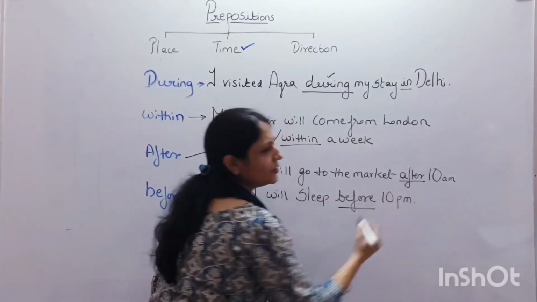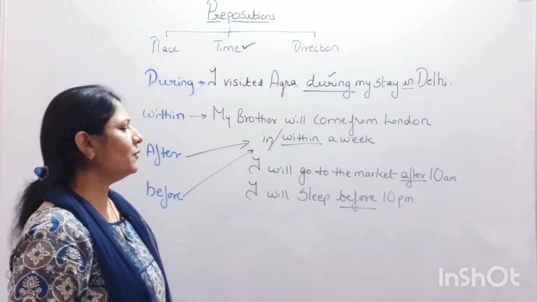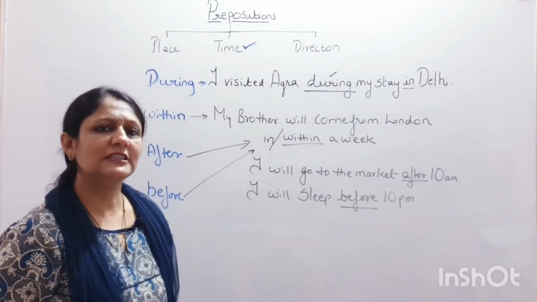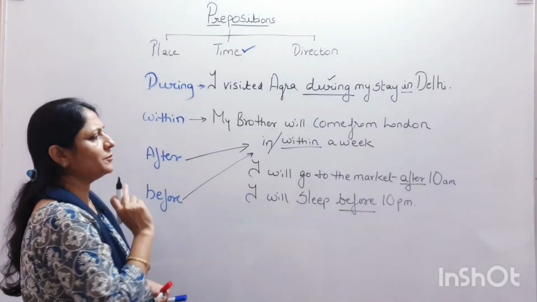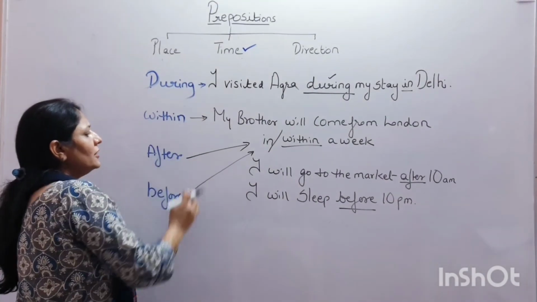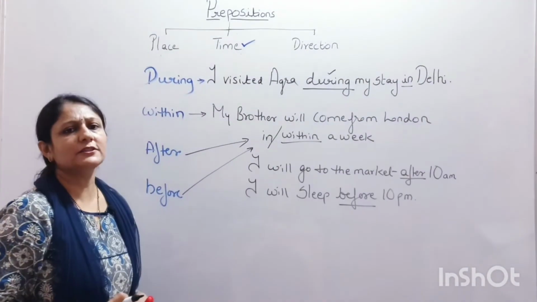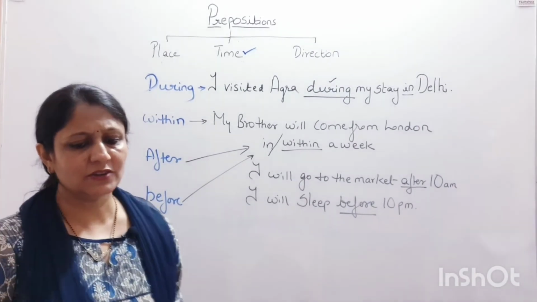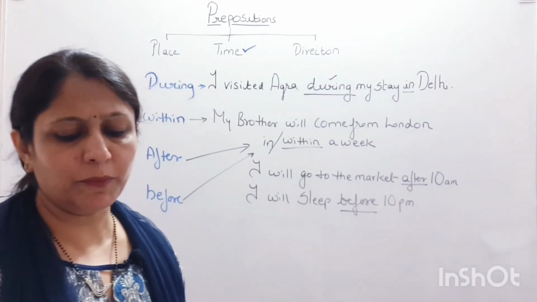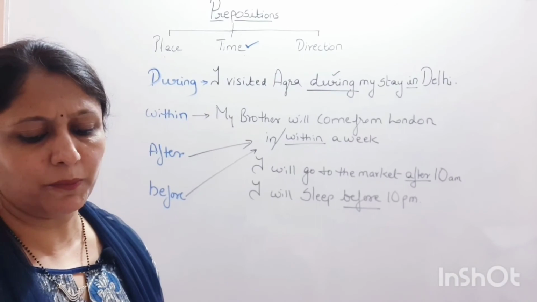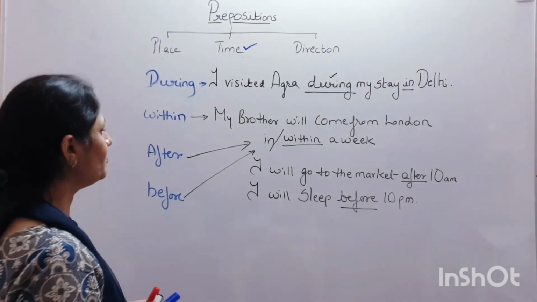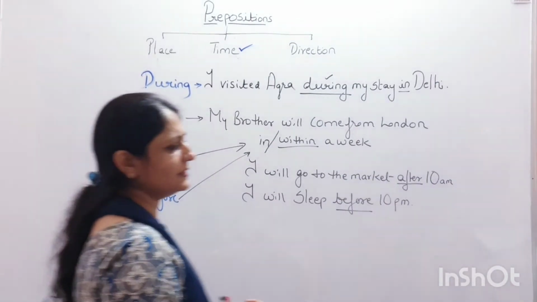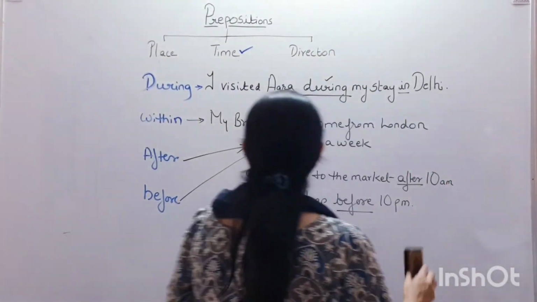I have used these two words before and after as the preposition of time. All these four are being used as a preposition of time. Okay? So we'll just revise. Are there any other prepositions which can be used as preposition of time or place? Yes. There are some more prepositions of place which I'll be telling you just now.